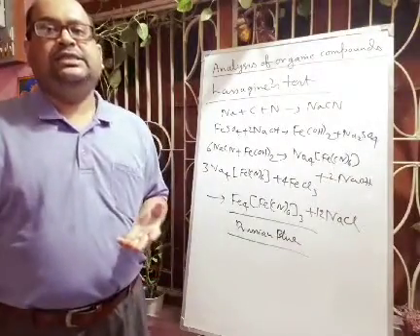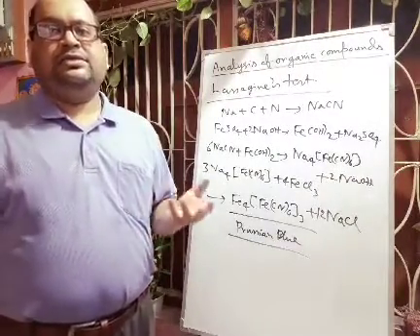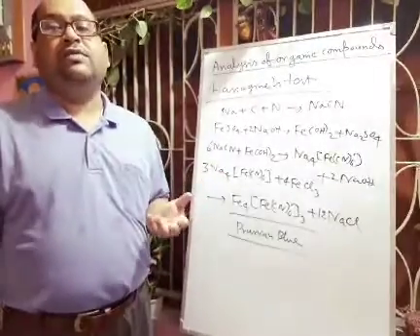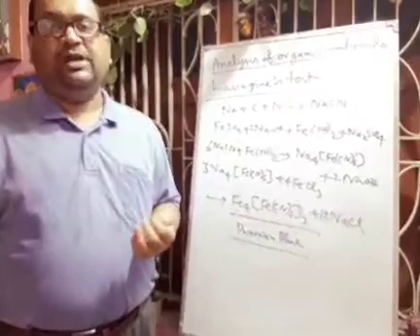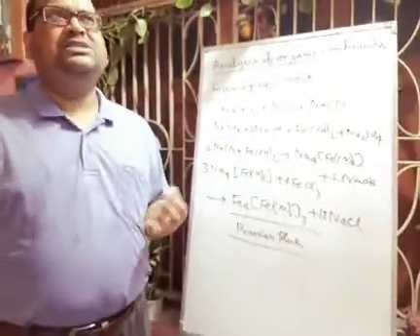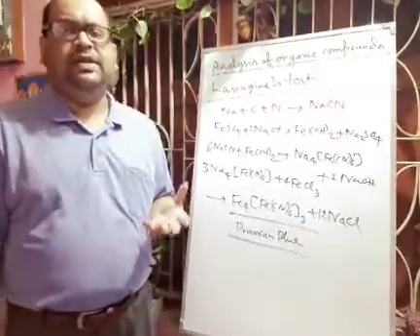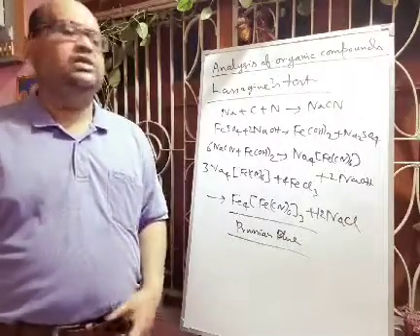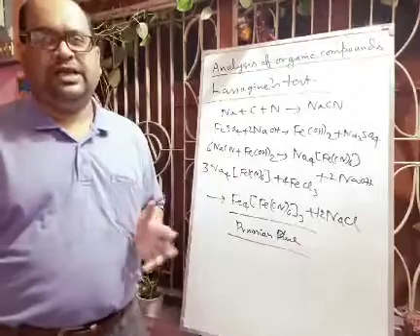And this test fails in case of diazo compounds. A diazo compound is very much unstable. Definitely there will be liberation of nitrogen very easily, and that is why you will not get sodium cyanide.